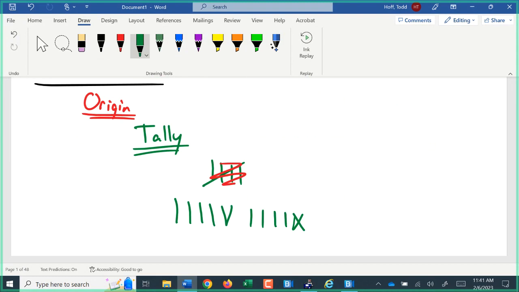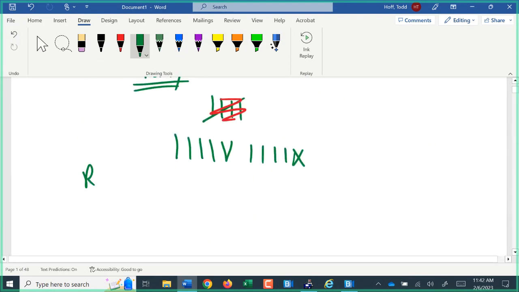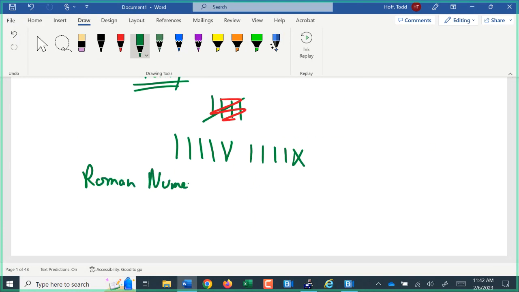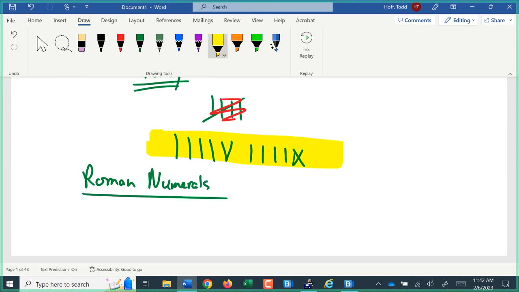At one point in time, counting much above 15 or 20 was really kind of unheard of. So they didn't need a whole lot more than those indicators like that. So in the Roman numeral system, they started out their system by adopting those tally marks.